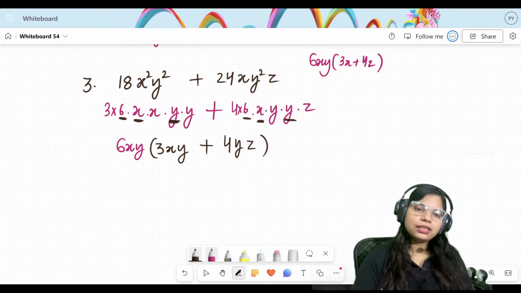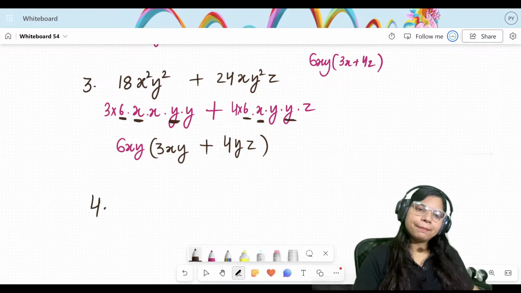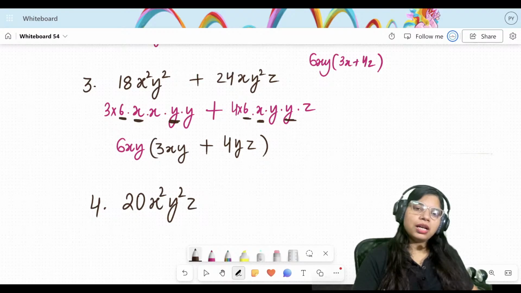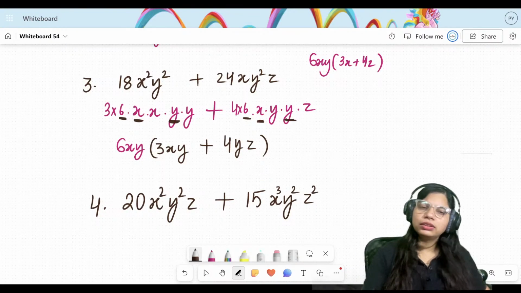Next question, let's try. If I say 20 x squared y squared z plus 15 x cubed y squared z squared.